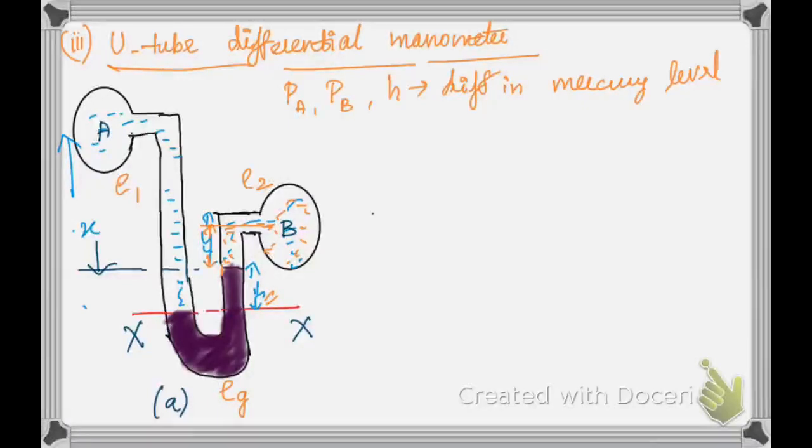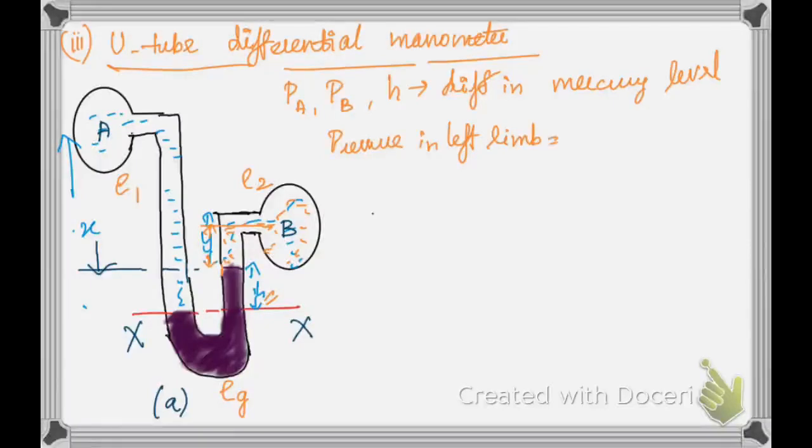So here we are using three different liquids: one at point A, a different one at point B, and our manometric liquid is mercury, ρg. Taking the datum line, we have said that the pressure in the left limb will be equal to the pressure in the right limb. So I am writing the pressure in the left limb.